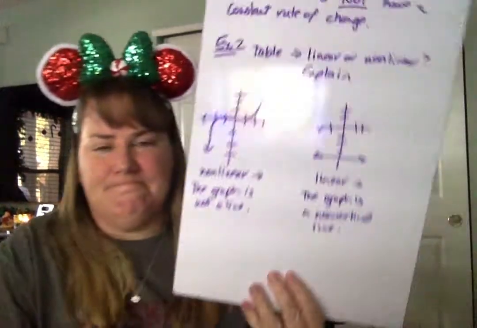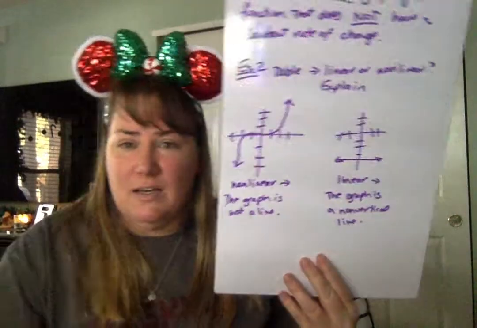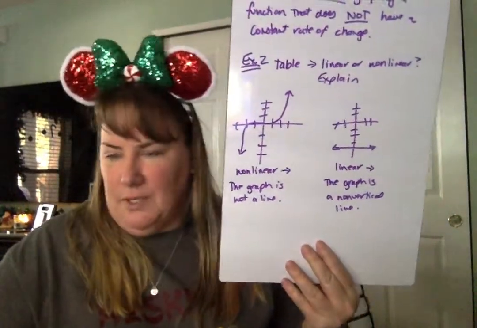But remember, there's one line that, although it is linear, it is not a function. So the graph is a non-vertical line. Don't forget about that vertical line, x equals something.